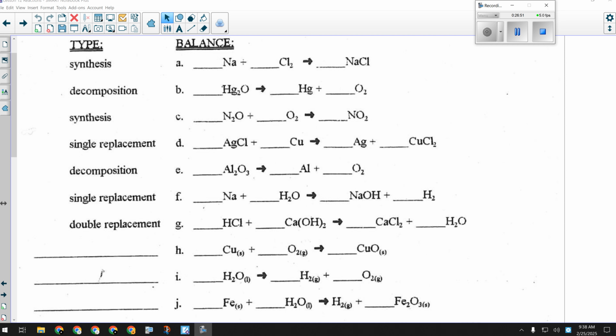Okay, so just like I say, fill in the blanks. If you don't have the worksheet printed out, then you have a little copying to do. Okay, so other thing to remember is that you can check the keys. I did post the keys for all these worksheets in Google Classroom.